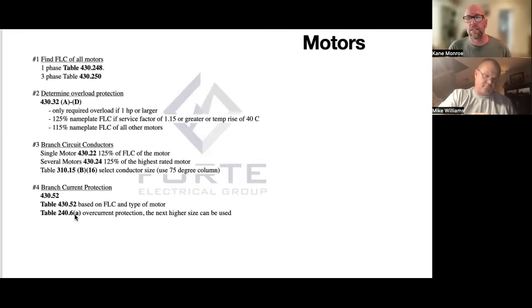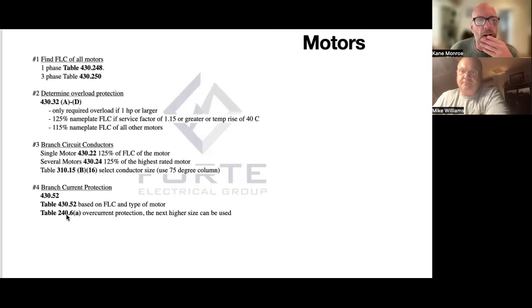And this table throws us as electricians that have been out in the field forever for a loop. 240.6(A) is your overcurrent protection size, your standard size. So that tells you what size of fuse or breaker to use.